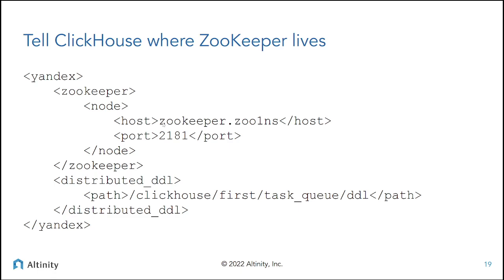This is actually in Kubernetes, so this DNS name here is actually a load balancer, and it'll go find it. It tells it the port is 2181, and here's our distributed DDL path. Once you've done this, when ClickHouse comes up, it will read this file and it'll know the Zookeeper it needs to talk to, or the ensemble, I should say.